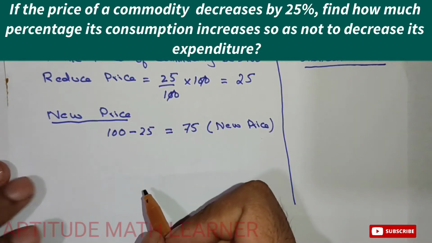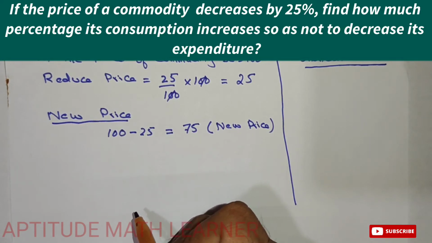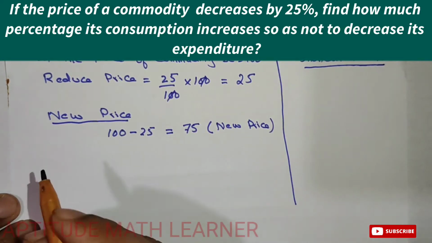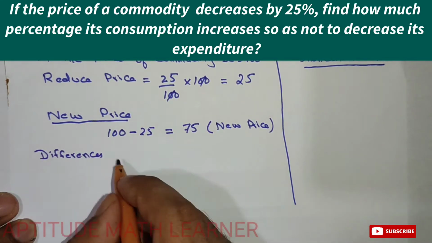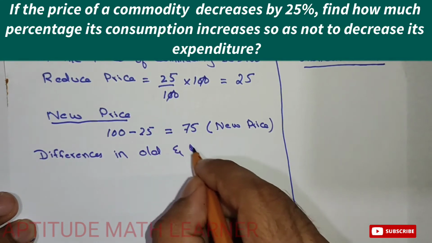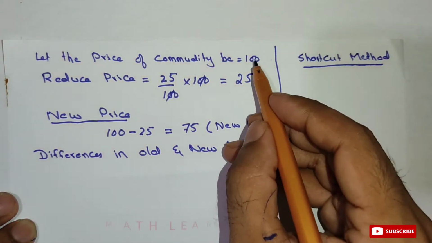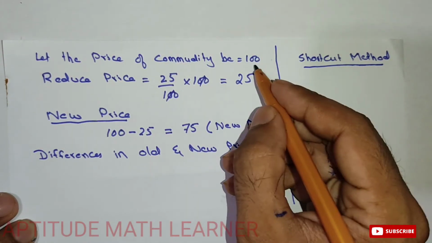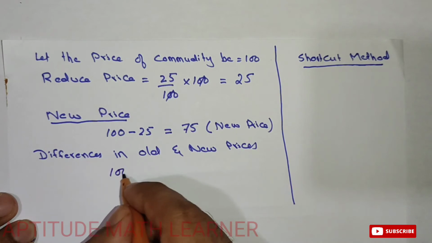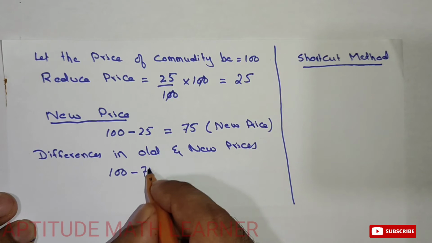So now what will be the difference of the old price and the new price? The old price was 100 and the new price we are having is 75.